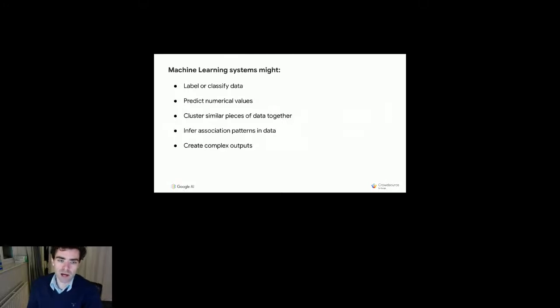Machine learning systems might label or classify data, predict numerical values, cluster similar pieces of data together, infer association patterns in data, create complex outputs. Sorry, I should have said that differently. I should have said infer association patterns in data and create complex outputs.